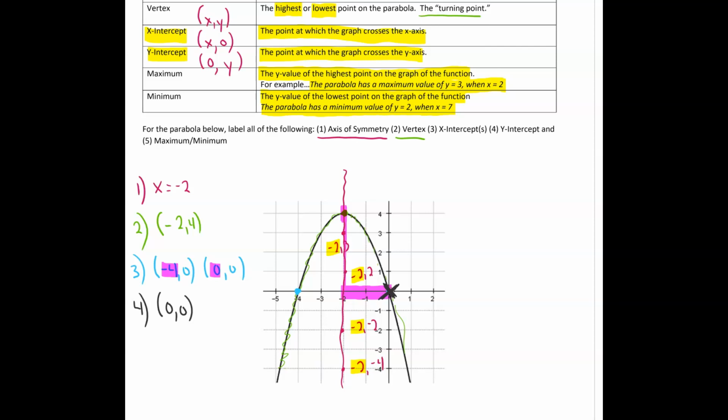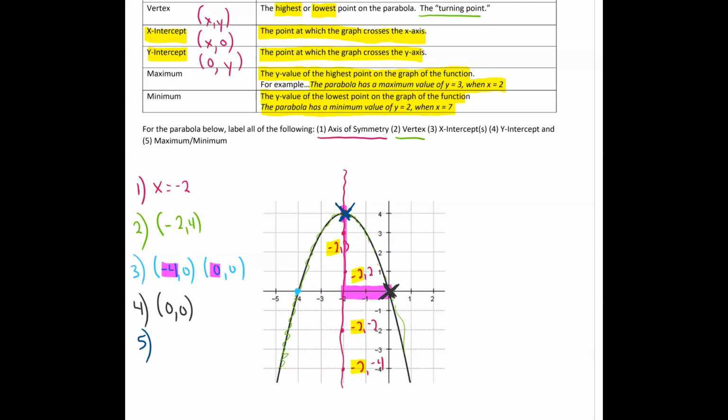And then the last part is going to be the maximum. There could also be a minimum. It's either a maximum or a minimum. It is where your vertex is, but you're not going to state the vertex. You're going to write it out as a sentence.